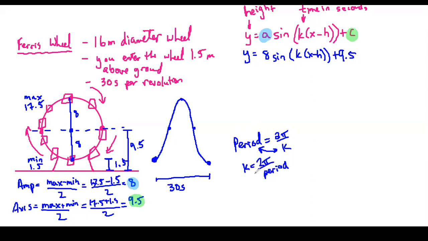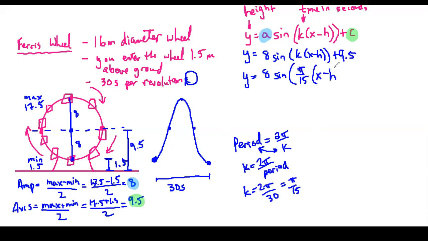Well, the period in this case is that it takes 30 seconds per revolution. So 30 seconds for one cycle. So that's going to be our period. So we get k is equal to 2 pi over 30 seconds, which is pi by 15. So that kind of helps. So y then here equals 8 sine of pi by 15 times (x minus h) plus 9.5.